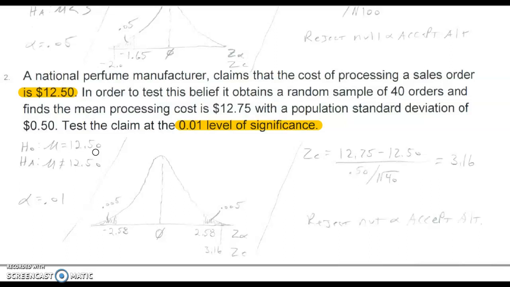In other words, we could get a rejection if we get a sample mean that's much higher than this or much lower than this. It could be either way. So Z alpha, our critical value, will be based on the table and 0.005 in the tails. How do we know? Because our level of significance is 0.01. We have to split that though to each tail. So 0.01 divided by 2 is 0.005.